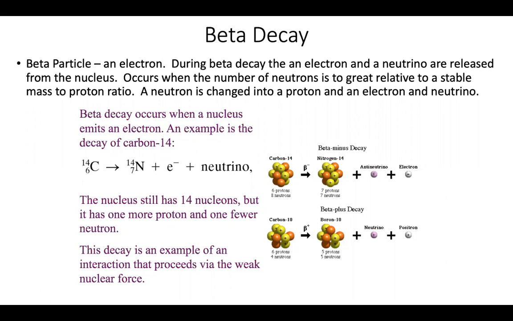The neutron changes into a proton, an electron, and a neutrino. I'll admit that I'm not entirely sure what a neutrino is, but it's effectively nothing. That's what confuses me about it, because it has no charge and effectively no mass, because it's so small.